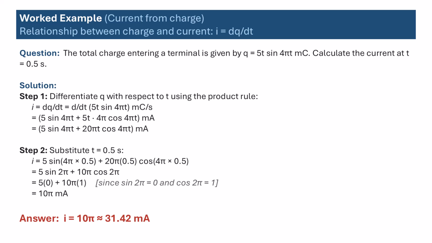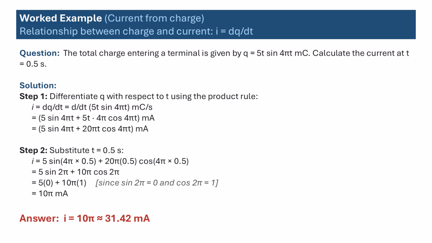The problem states the total charge entering a terminal is given by Q equals 5t sine 4 pi t millicoulombs. Calculate the current at t equals 0.5 seconds. Step 1. Differentiate Q with respect to t using the product rule of differentiation.